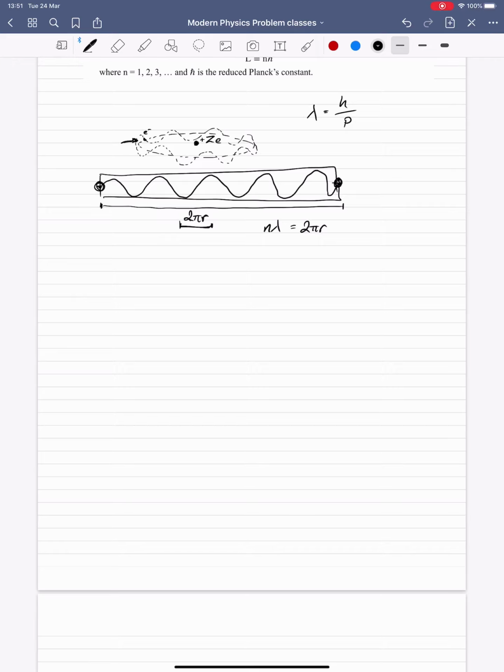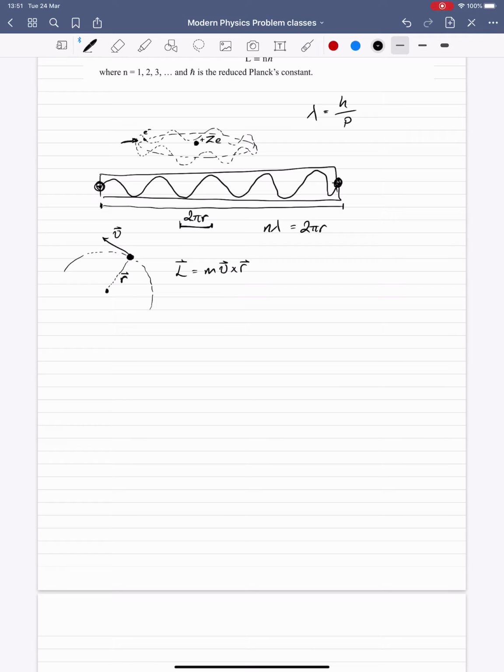Now that we have that, the other thing that we need to use is the angular momentum of this electron. You know from classical physics that if we have some particle, it could be anything, on some curved trajectory, with some velocity v going in this direction and some instantaneous radius of curvature r here, then the angular momentum of this particle is simply the mass of that particle multiplied by v cross r.